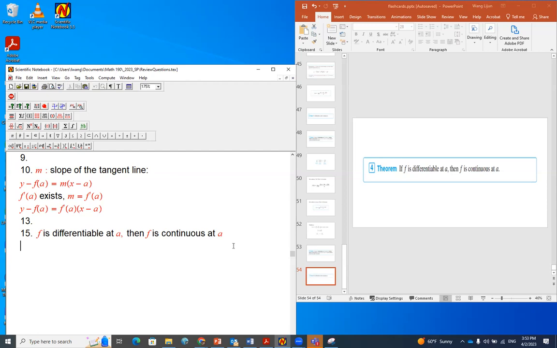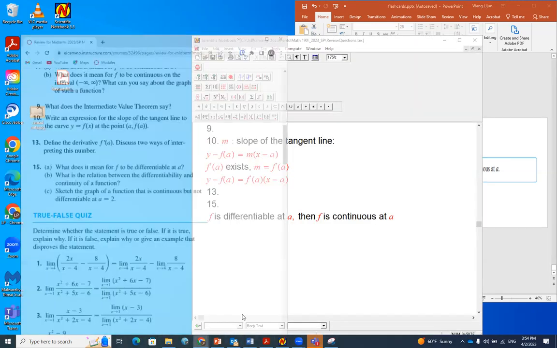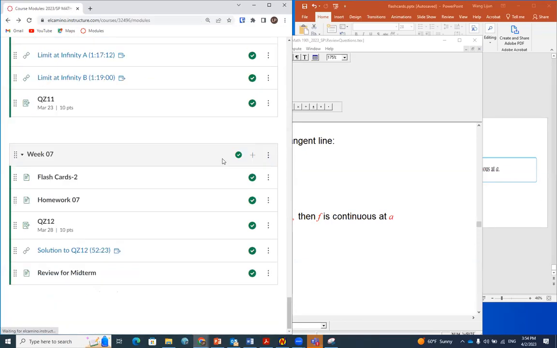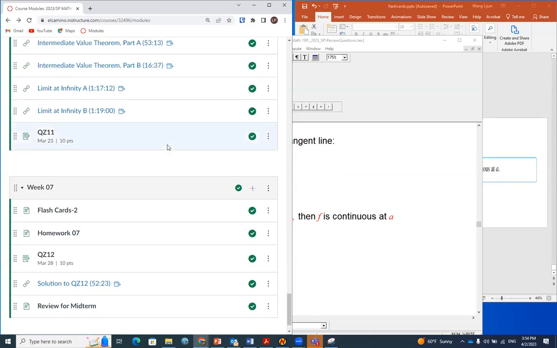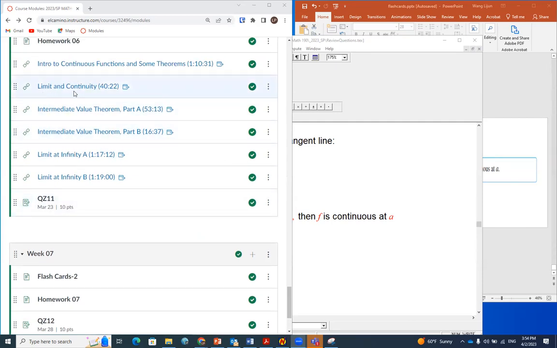If you bring these three things together, there was a lesson I talked about before, titled Limit and Continuity.